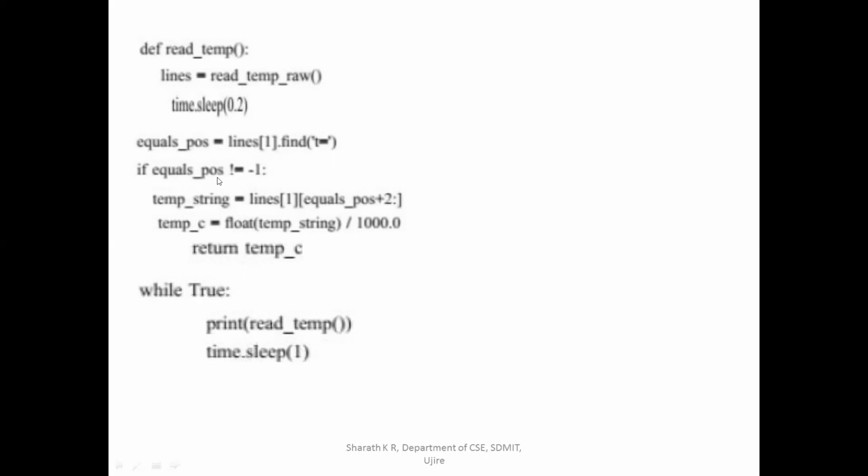If this equals_position is not equal to -1, it means that the index was found. If the index was not found, the find function will return -1 as its value. Assuming t= is found, the appropriate index would have been stored in the equals_position variable. And since the equals_position value is not -1, we'll proceed further.